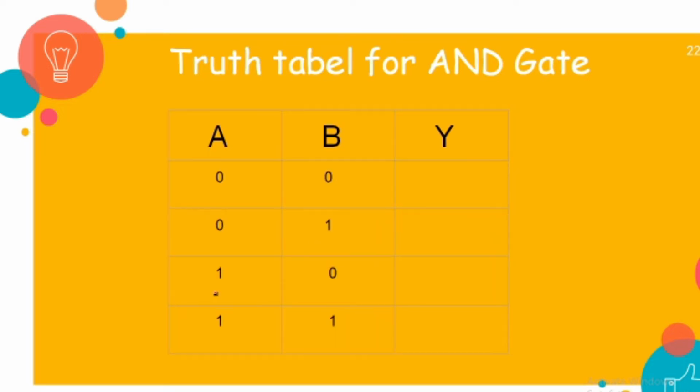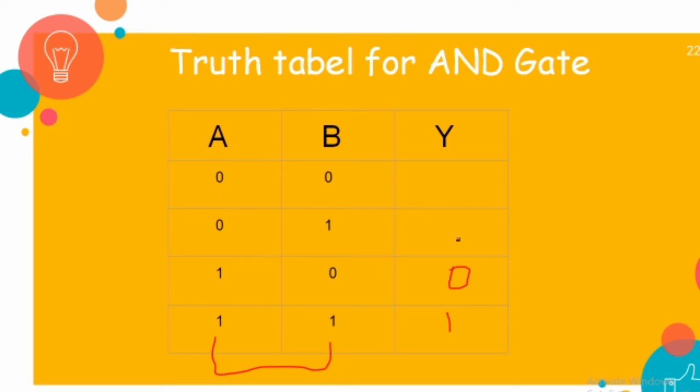Now how do we fill the output column? In the case of an AND gate, if and only if both inputs are high, then our output will be high, otherwise it will be low. In the last case both our inputs are high, so the output will be high, and in the other cases it will be 0.